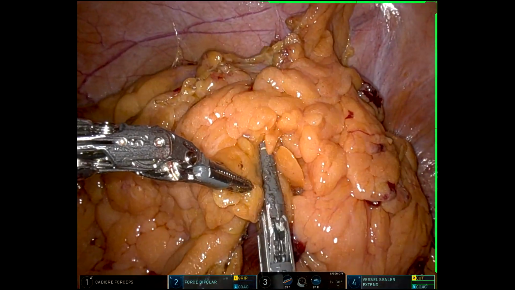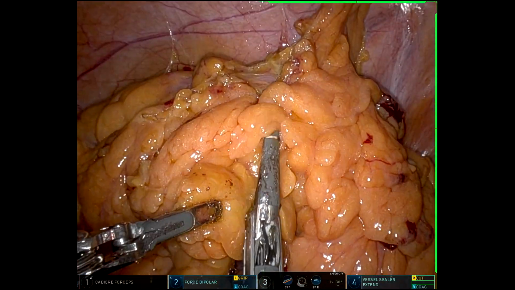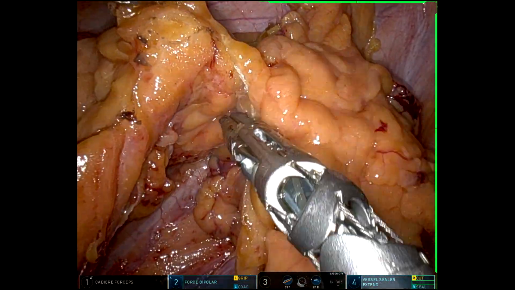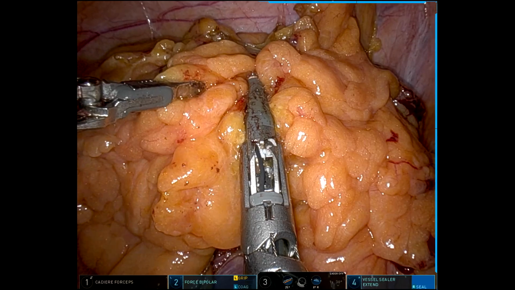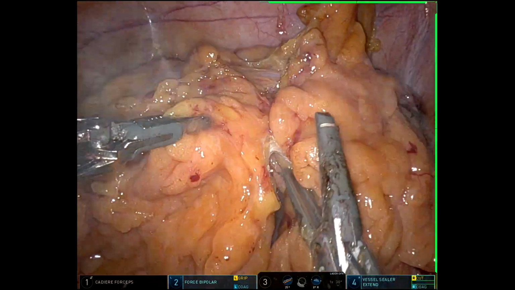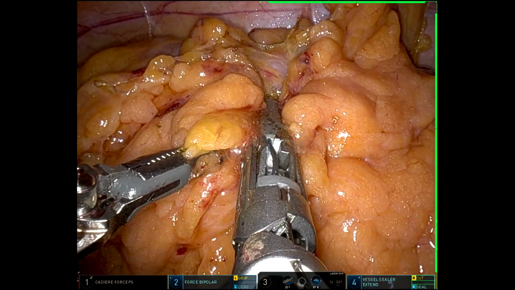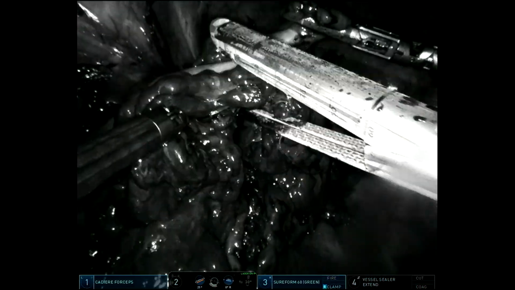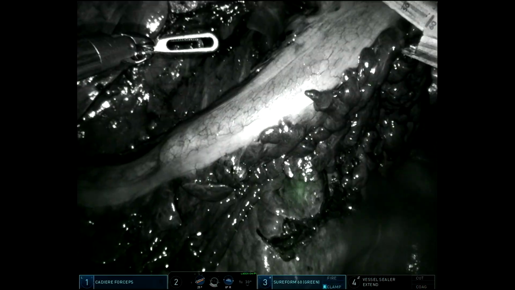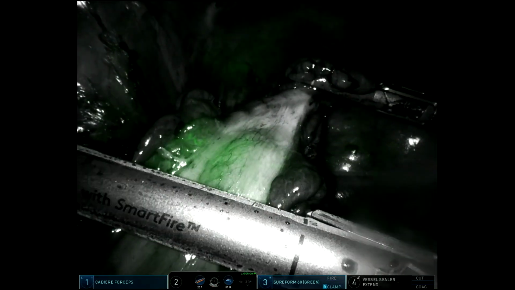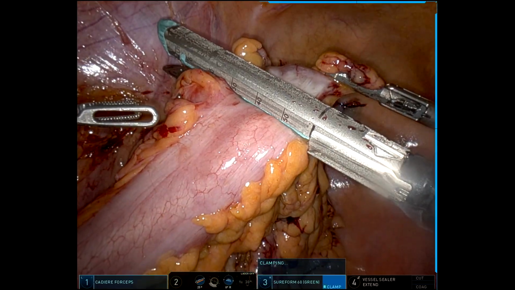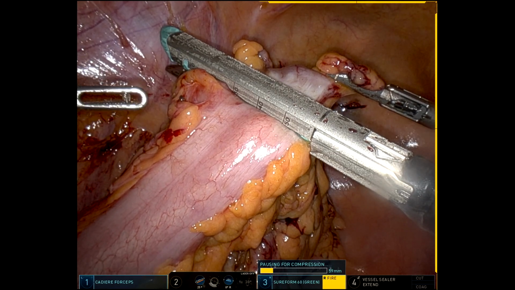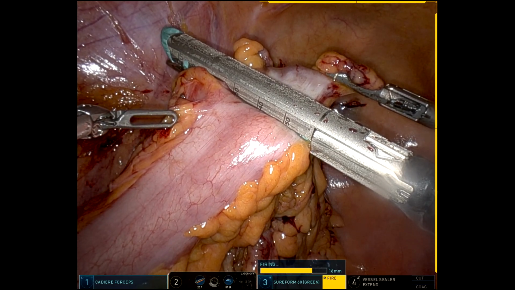This is taking the proximal mesentery. And then when we're ready to divide, I'm stapling here through arm number 3, which is a 12 millimeter port through the right rectus.